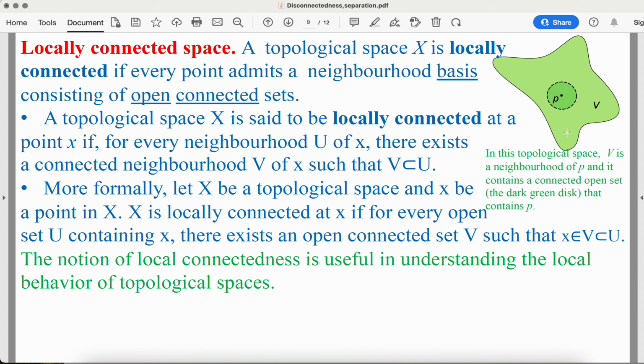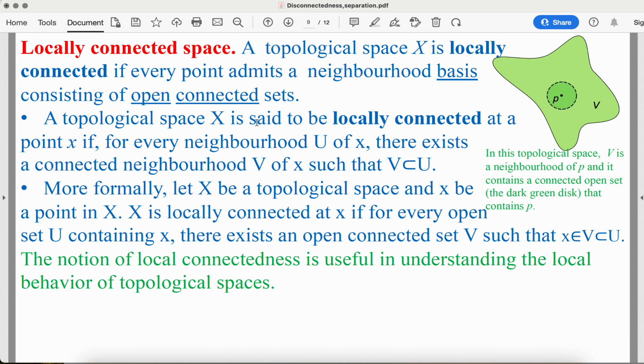Suppose we consider this diagram, and this is a point P, and this is a set V in the neighborhood of P. So in this topological space, V is a neighborhood of P, and it contains a connected open set. This one, the dark portion, contains a connected open set that contains P.